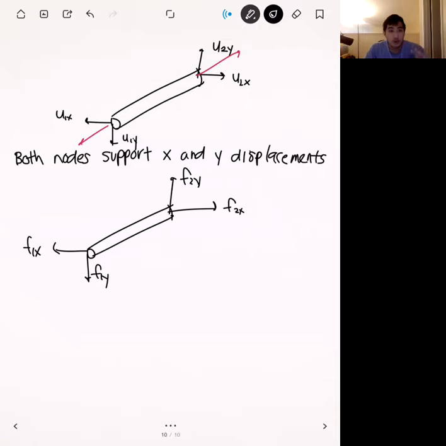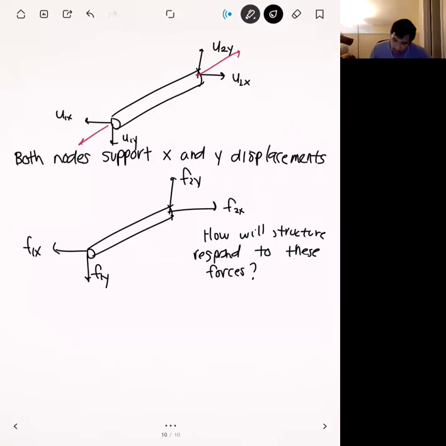And what we're interested in is, how is the structure going to respond to those forces? Okay.